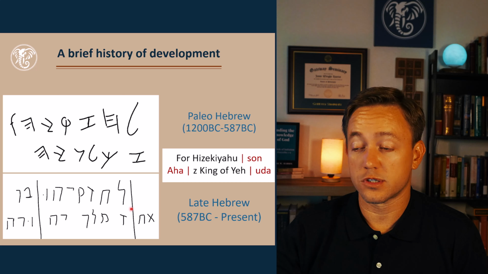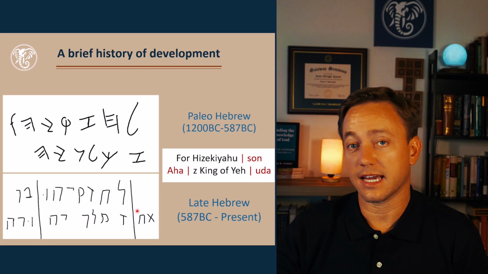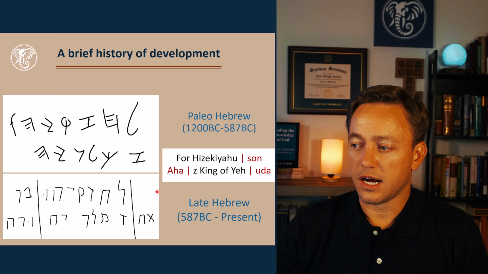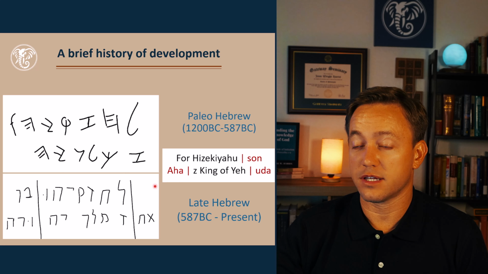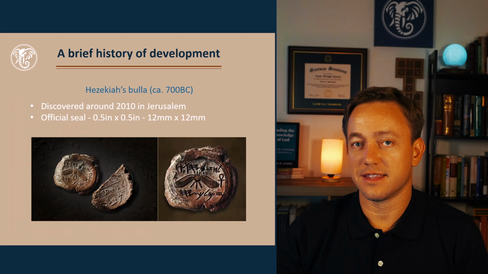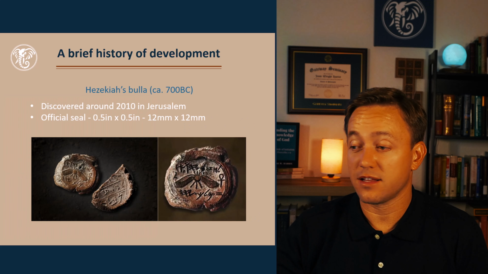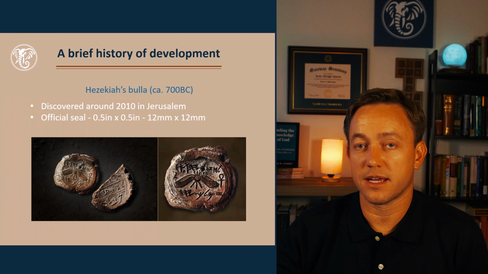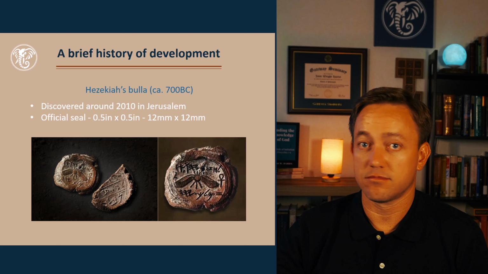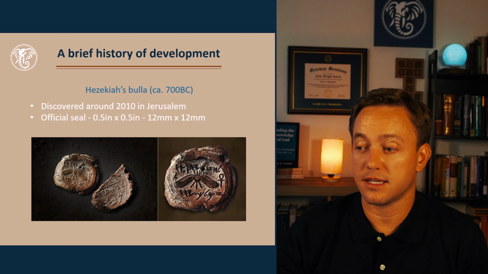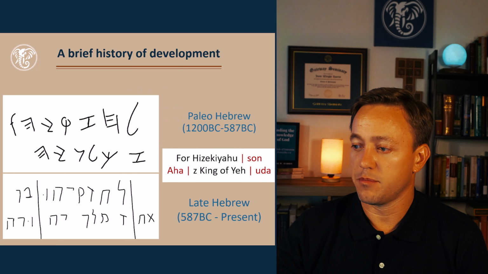So almost assuredly, this was a seal for King Hezekiah, king of Judah. This is really fascinating and a great find. To corroborate the writing style of the time, they found many other examples indicating that Hebrew was being written in this Paleo-Hebrew form.